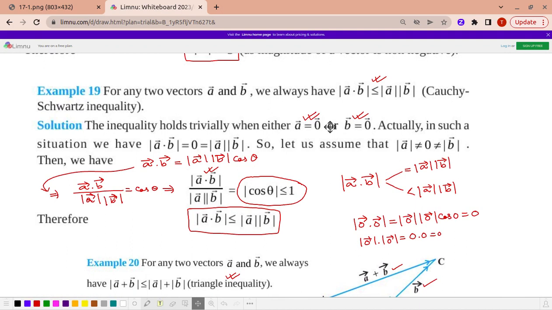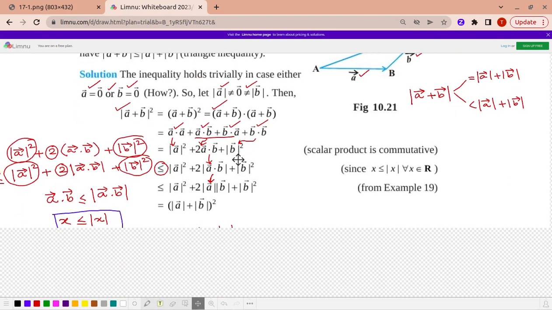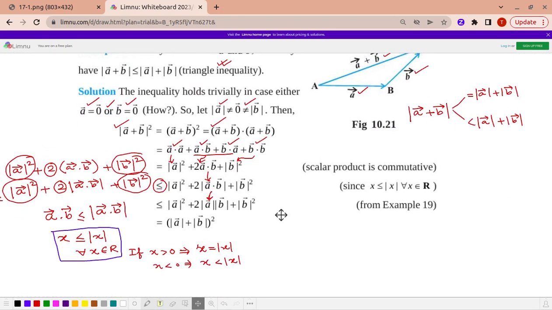So mod of A dot B is less than equal to mod A into mod B. Then mod A whole square plus 2 into mod A into mod B plus mod B whole square is nothing but mod of A plus mod B whole square. So what we get is mod of A plus B whole square is less than equal to mod A plus mod B whole square.